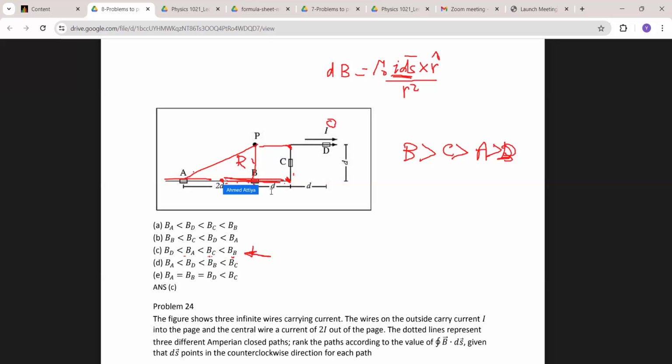So for B, the length is 2D and the spacing is D. So I have the greatest length and the smallest distance. For C, I have the smallest distance, but for A, I have a large distance. Oh, okay. Yes.